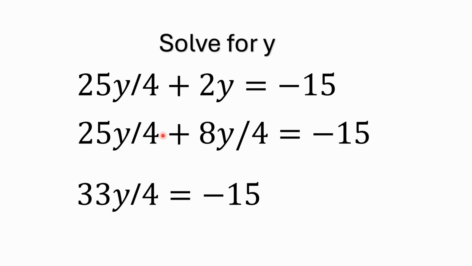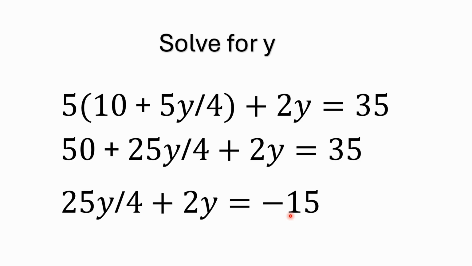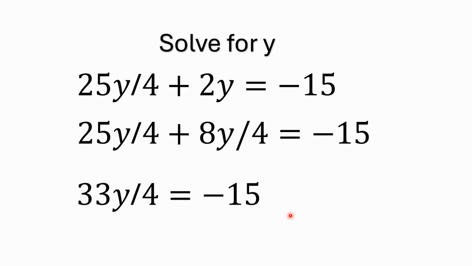Remember how common denominators work with fractions. It allows you to add the numerators. You keep the same denominator. That gives you 33y divided by 4, and that still equals minus 15. All right, so we're getting a little simpler. So you end up with 33y divided by 4 equals minus 15.